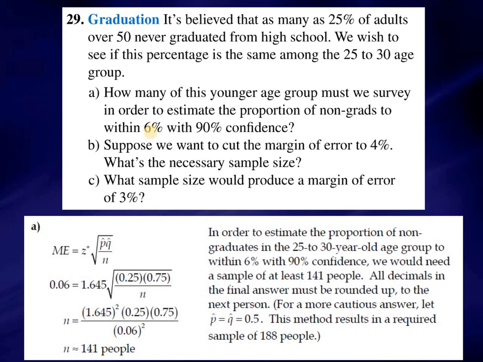Divide by 3. To go from 6 to 3, I divided by 2, and my sample size went up by a factor of 4. To go from 6 to 2, I divided by 3. Anybody want to take a guess as to what your sample size would have to go up by? 9, and it is by a square.